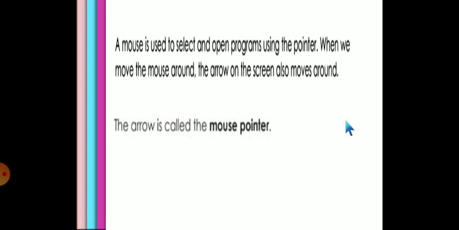The pointer is used to select or open the programs on the screen. And when we move the mouse around, the arrow on the screen also moves. This arrow is called a mouse pointer. This is a mouse pad. A mouse is usually kept on a flat surface called mouse pad.